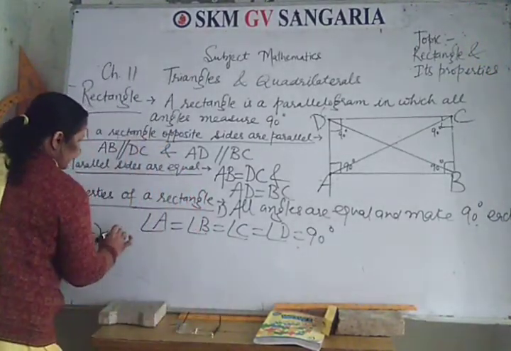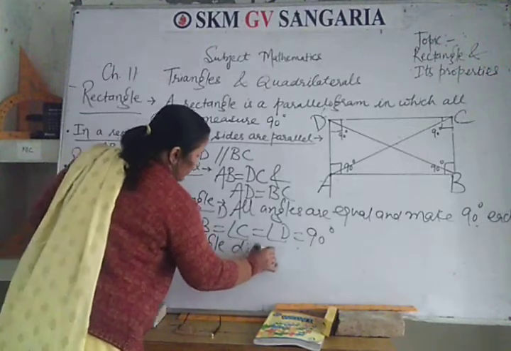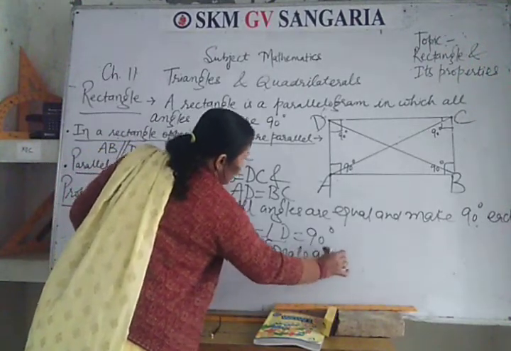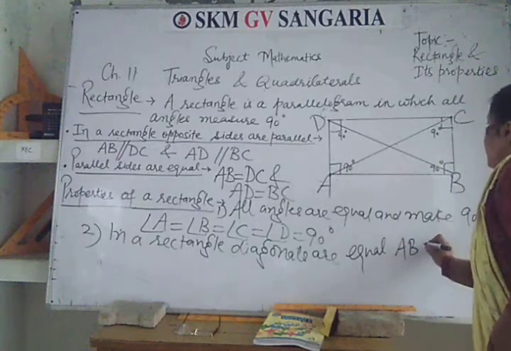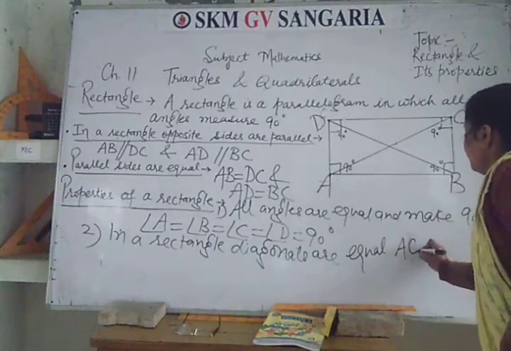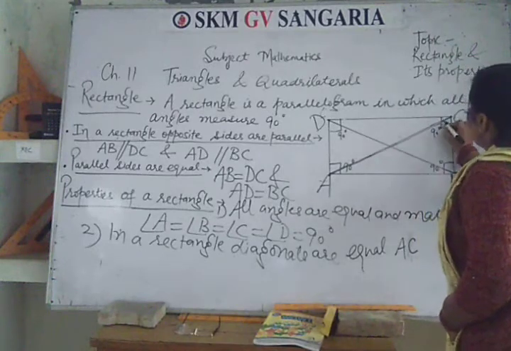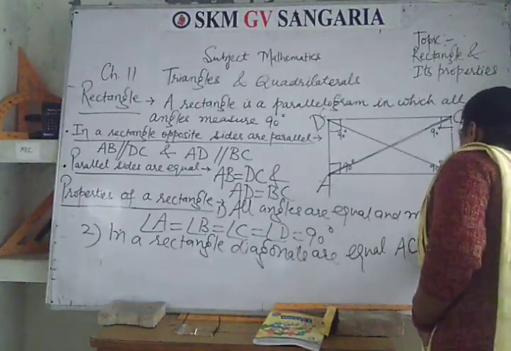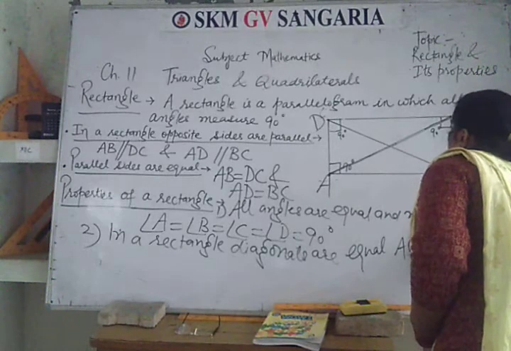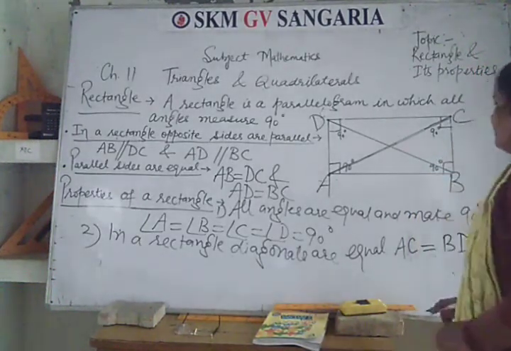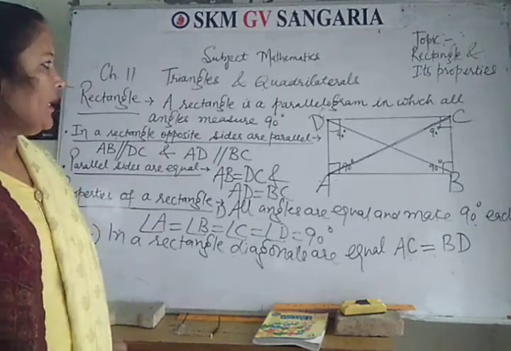Second property is, in a rectangle, diagonals are equal, means AC is equal to BD.